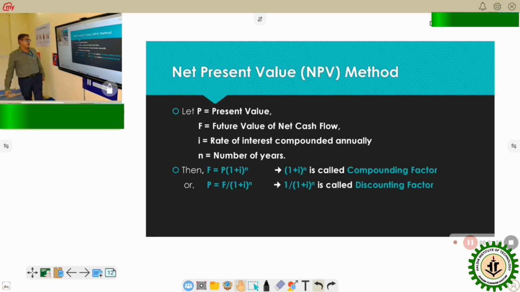That we need to determine through present value analysis. So we are using the discounting factor, which is the inverse of the compounding factor. We have written (1 + i)^n as the compounding factor, and the discounting factor is just the inverse, that is 1 divided by (1 + i)^n, which converts the future value of the net cash flow into its present equivalent.